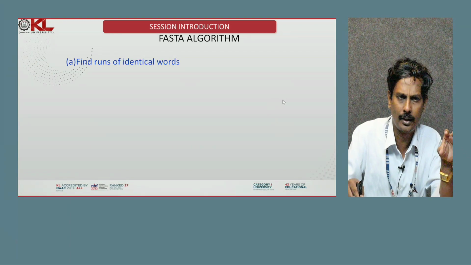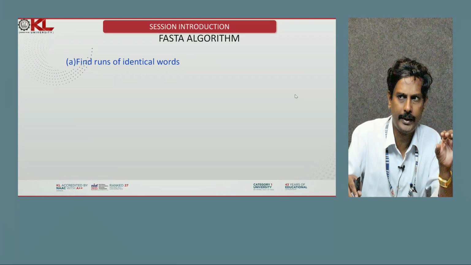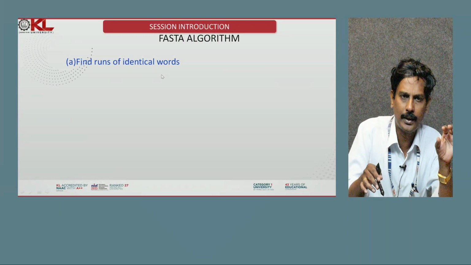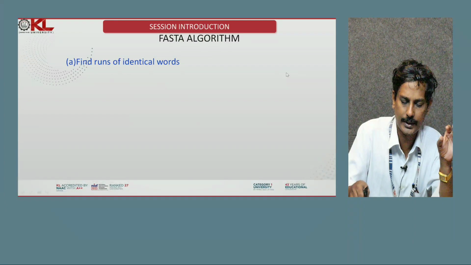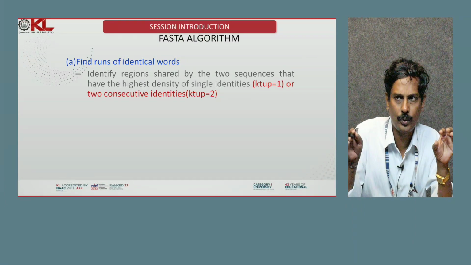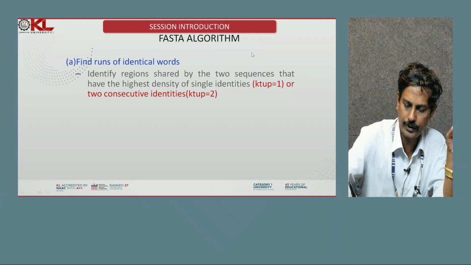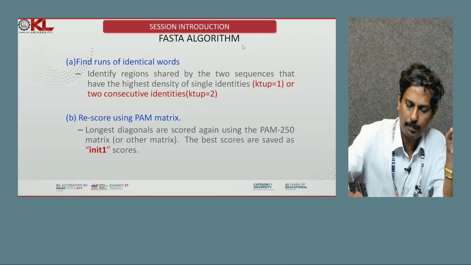So what is the FASTA algorithm? Find the runs of identical words. What do you mean by identical words? Identical words means similar regions of the sequences, to identify the region shared by two sequences, which may be a DNA sequence or protein sequence.